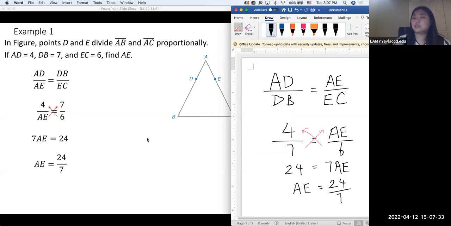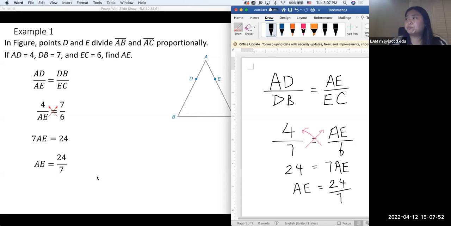We get the same answer either way you set up the formula.